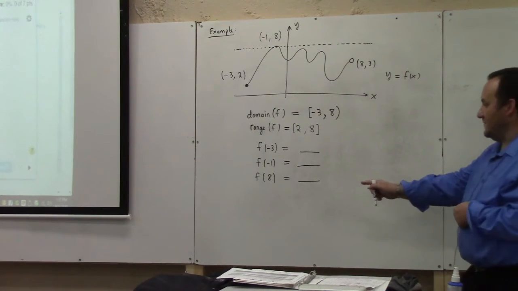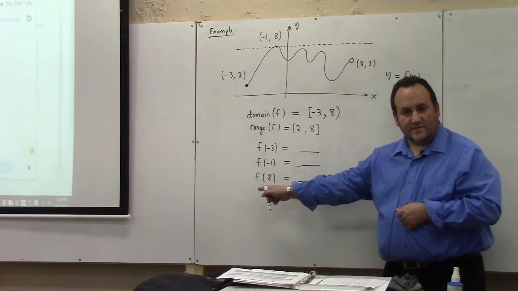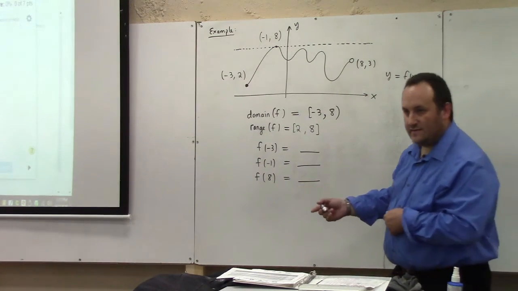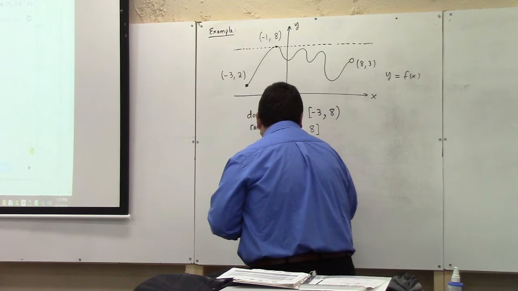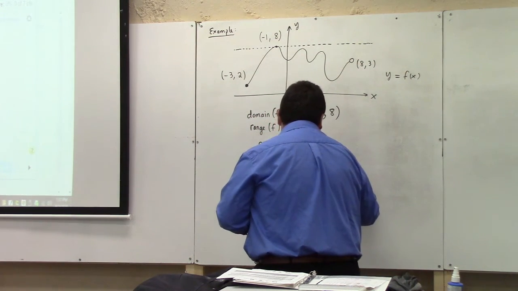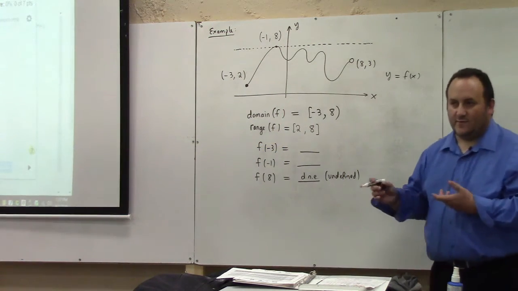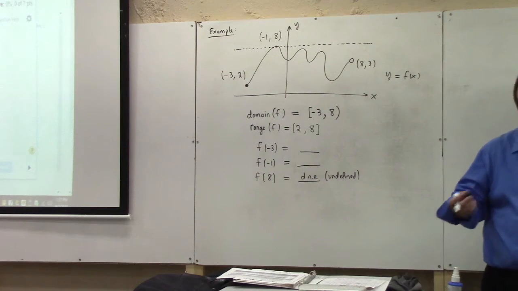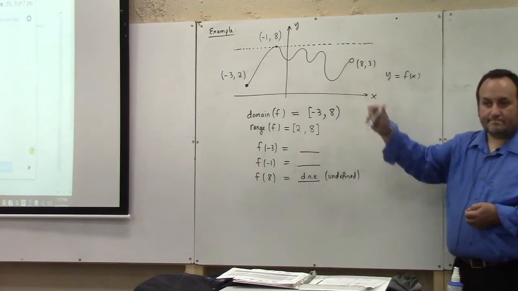The last one's a hard one because f of 8 is not defined. So in this case, we say undefined or does not exist. In other words, my question, what is the value of f at 8, doesn't even make sense because f is not defined at 8. See?